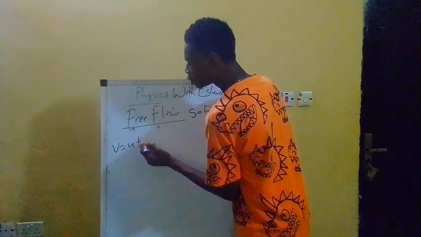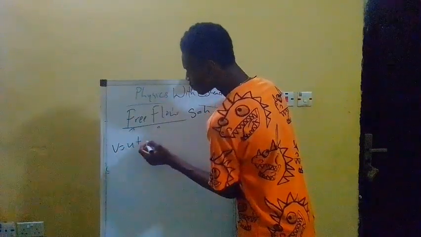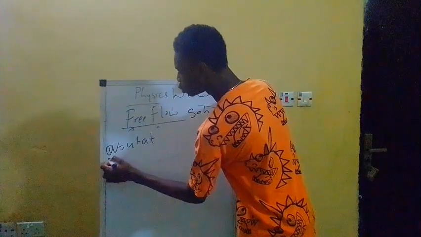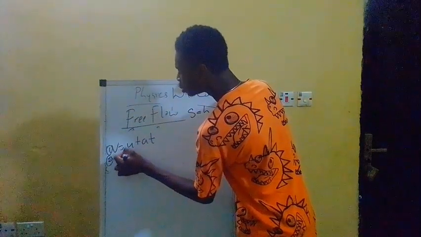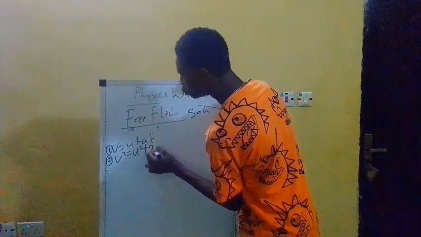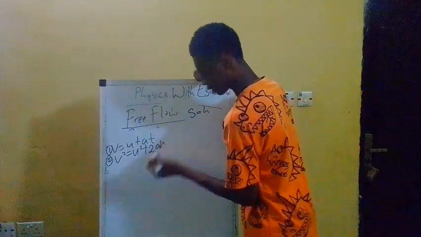The first one is V equals U plus AT. These are the ones for free fall. Second, we have V squared equals U squared plus 2A. It is no more 2AS, it's now 2AH.